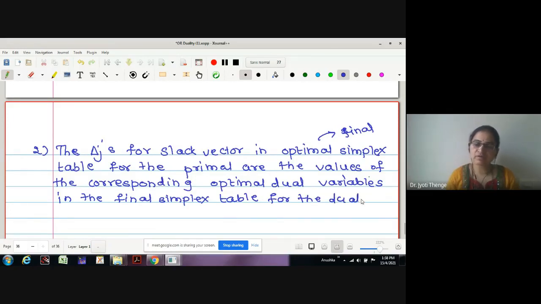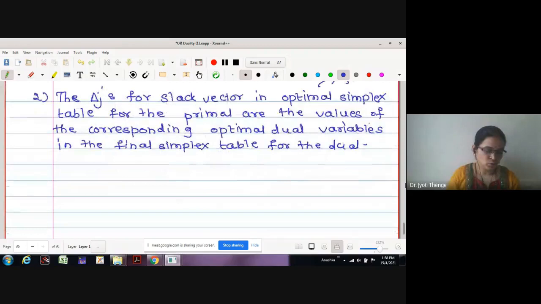That is, the net evaluation of the slack vector is the value of the optimal dual variable. Rule number 3.